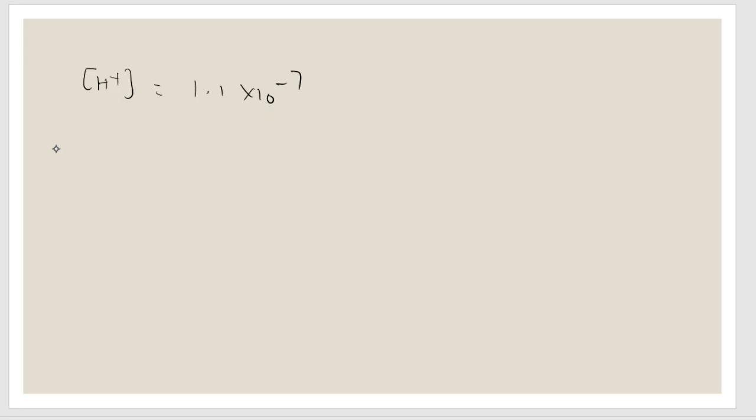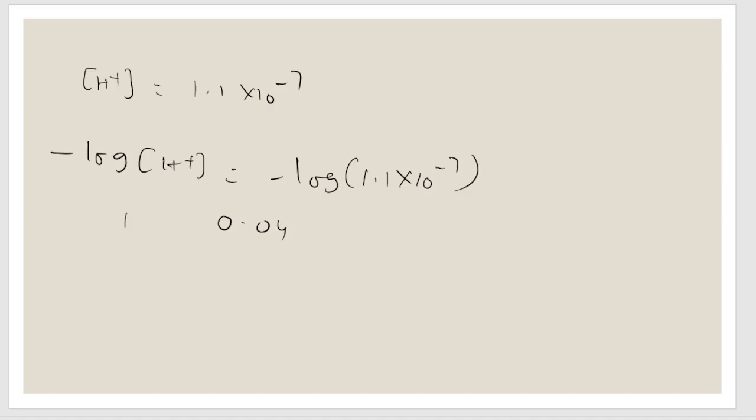So apply the negative logarithm: minus log of 1.1 into 10 to the power of minus 7. Log 1.1 value is approximately 0.04. Thereby you get the pH value as 6.96 for the solution.